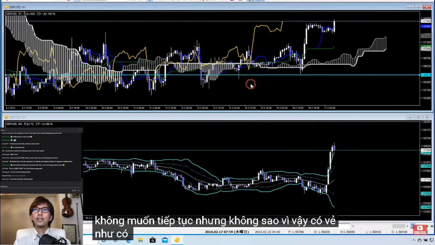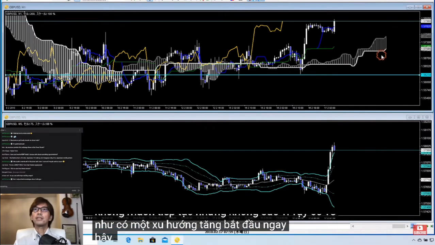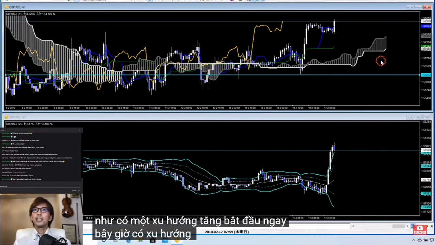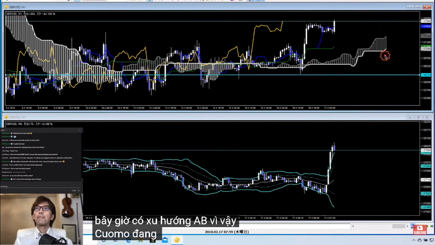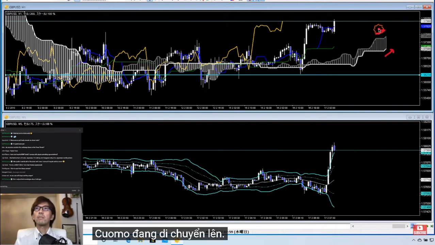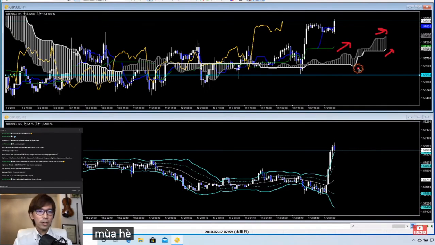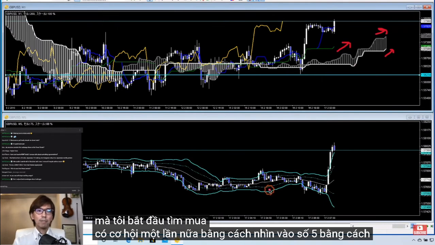Okay, so looks like there is an uptrend beginning, right? Right now there is uptrend. So Kumo is moving up, Senko Span B moving up, Senko Span A moving up, and the Kijun Sen is moving up too. So this is somewhere that I start to look for the buying chance again by looking at the 5, by looking at the squeeze.